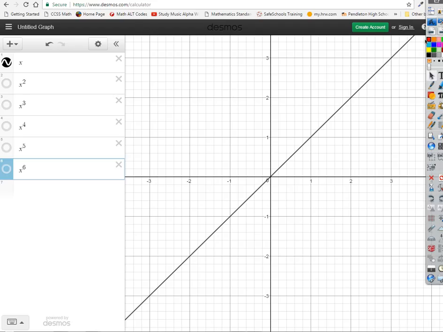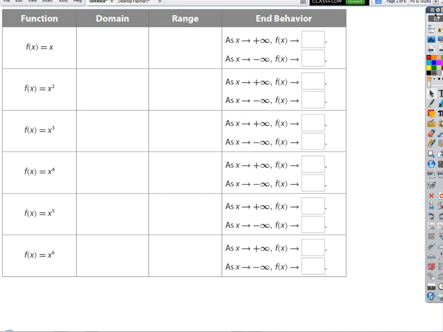There's no limits on the y's. You could go as far down as you want to go. You'd have to walk to the left to do that, but there's no limit to how low you could go, and there's no limit to how high you could go, right? Everybody agree? So if we fill these in then, yeah.